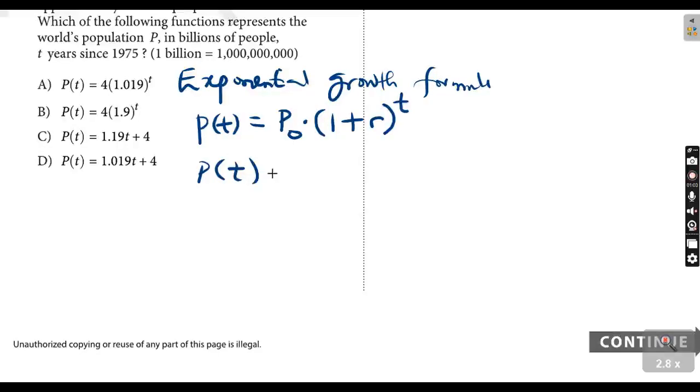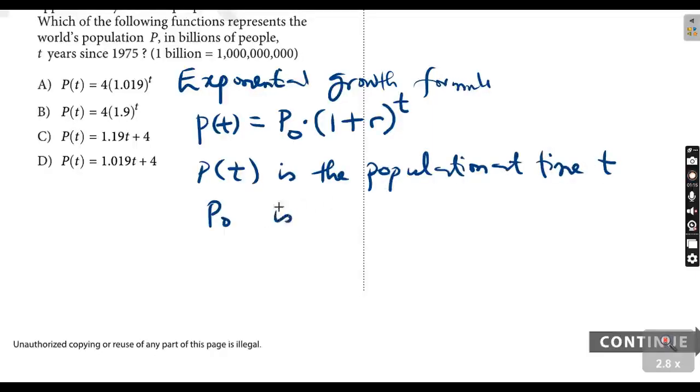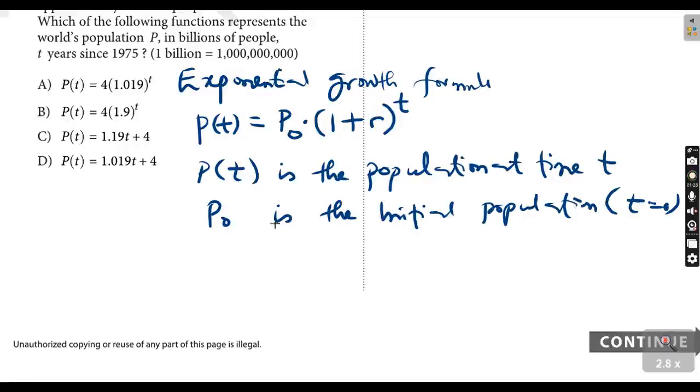P(T) is the population at time T, all right? Then P naught is the initial population, of course, at time 0.